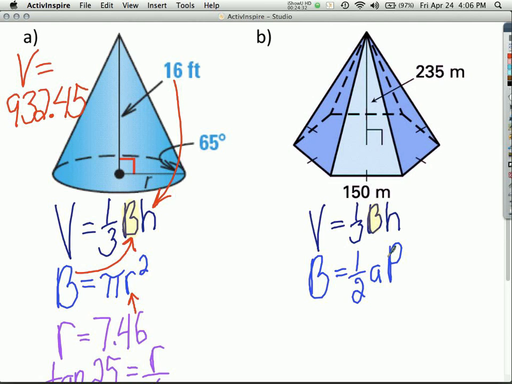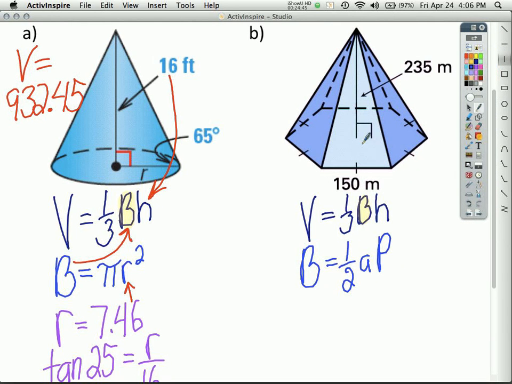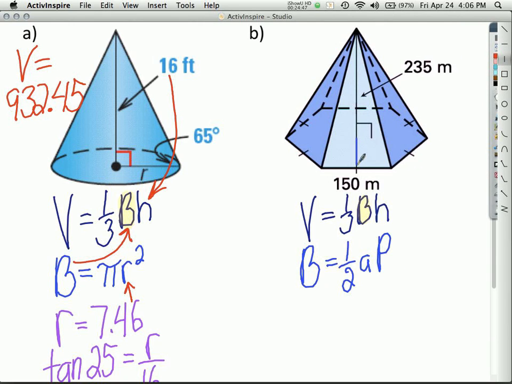All right, so perimeter, not hard to find. We got 150 is the distance from here to here. So we can calculate the perimeter, but we need the apothem. The apothem is the distance, in this case, from the center of the hexagon to the center of an edge.